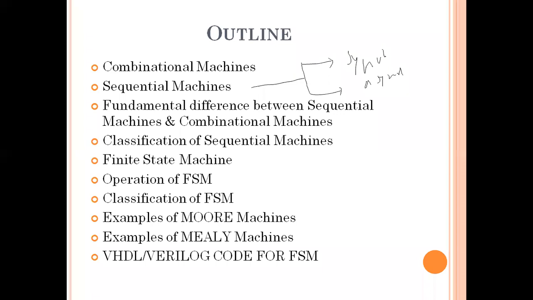So the microprocessor is not a finite state machine, because a microprocessor-based system, or we can say the computer or the controller, is a sequential machine, right? But it can reside in a large number of states. For practical purposes, the number of states is not finite. So it is not a finite state machine, right? Microprocessor is not a finite state machine.